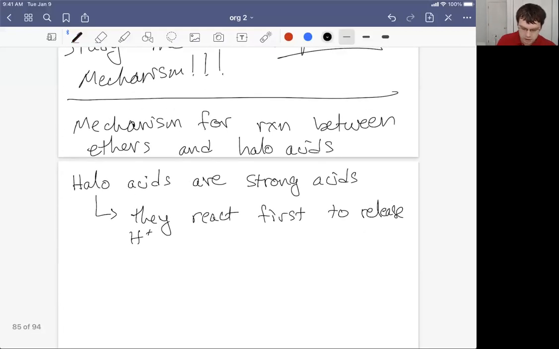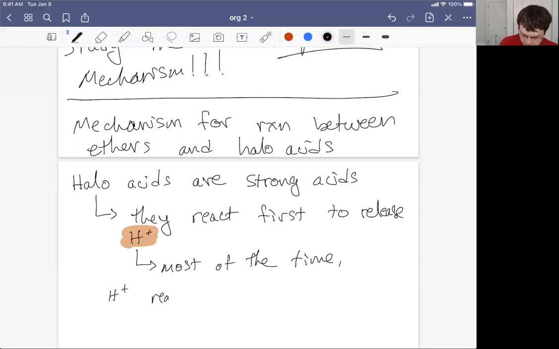Whenever we have an H plus in our mechanism, H plus generally reacts first. So most of the time, H plus reacts first.